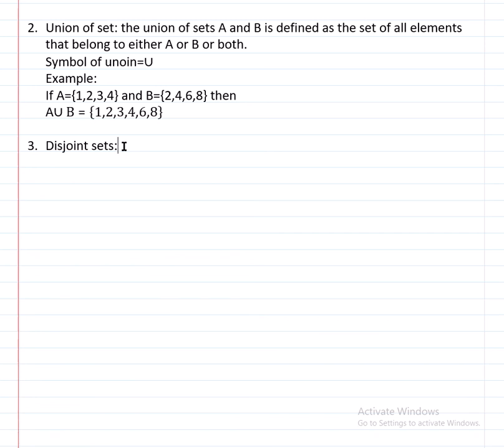Okay. All right. So let's write something. If no member of a set A belongs to a set B, then the sets A and B are disjoint sets. Okay? So simple and cheap.